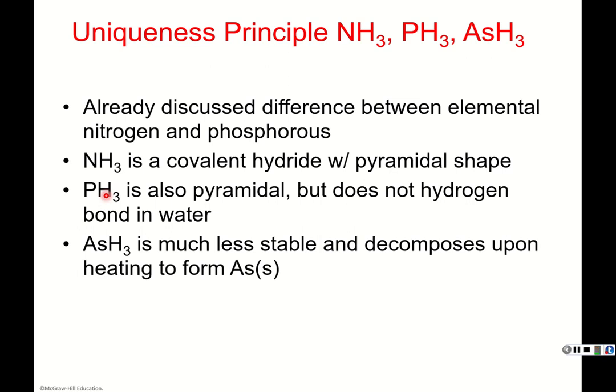AsH3 is much less stable and decomposes when you heat it to form arsenic solids. So this is much more reactive than the other two. Even though they're in the same group, and form similar molecules with similar formulas, these molecules have very different properties.